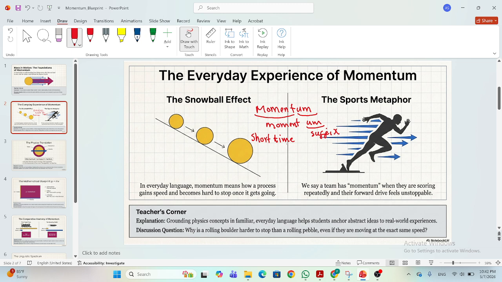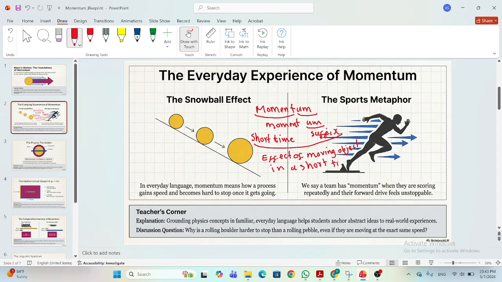Okay, so when we combine these two words together and use them in physics, we talk about the effect of a moving object in a short time. Okay, so this is called what?